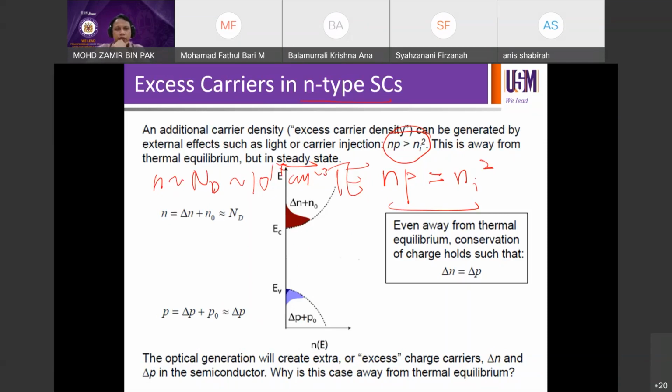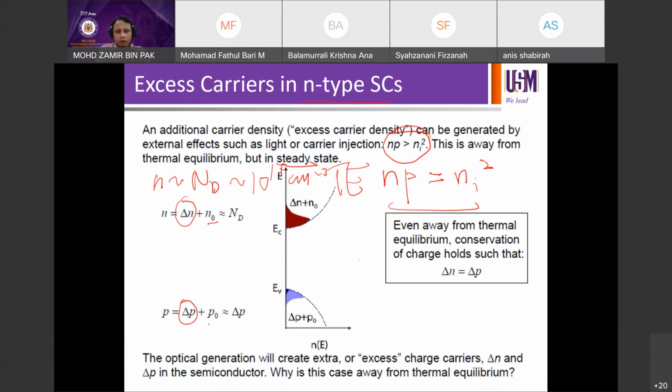And then the moment you shine the light, for example, you have a semiconductor slab, silicon, you shine the light, and the moment you have your light shone on the semiconductor, you are going to generate new delta n and new delta p.